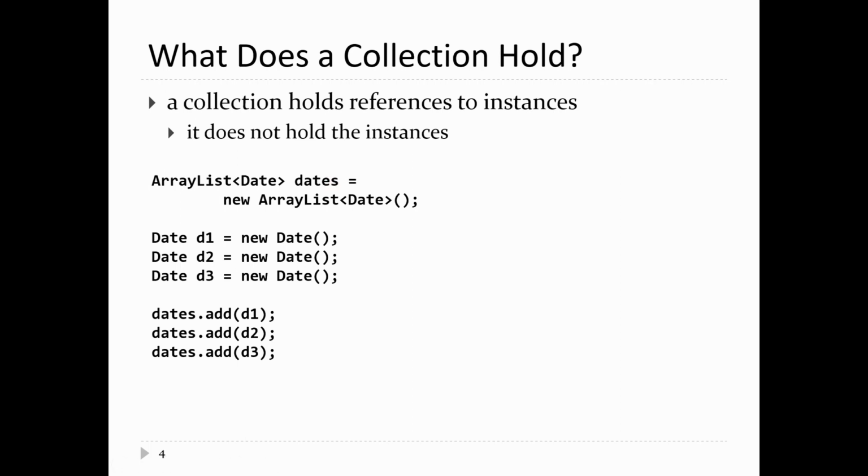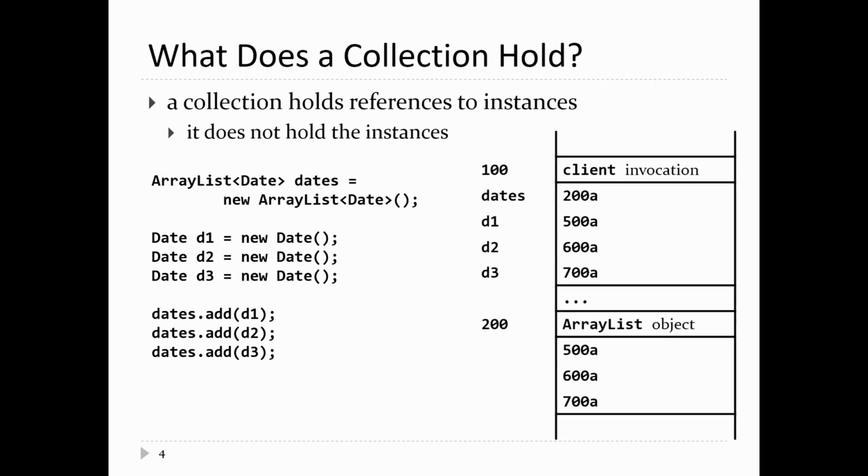So if you make a list of dates, and then you make 3 dates, D1, D2, and D3, these aren't actually dates. They're references to dates. So when you add D1, D2, and D3 to the list, you're adding references to the list. The list is not storing the dates themselves. The date objects are in memory somewhere. The list simply holds references to those elements.